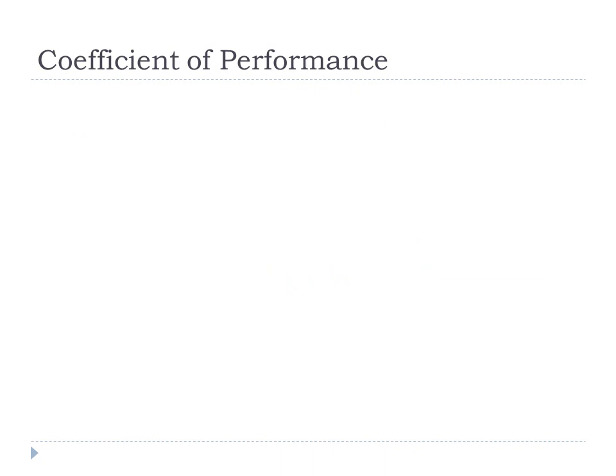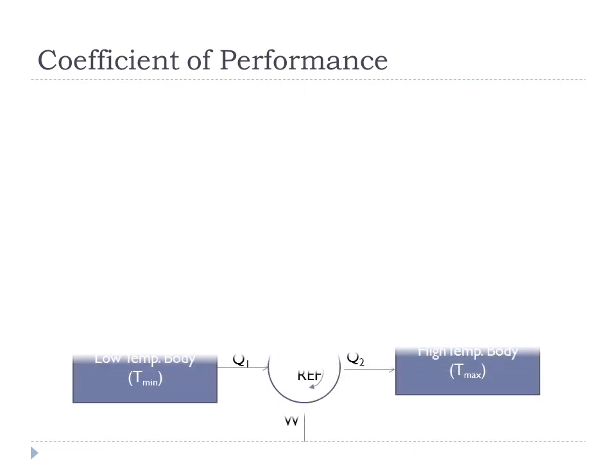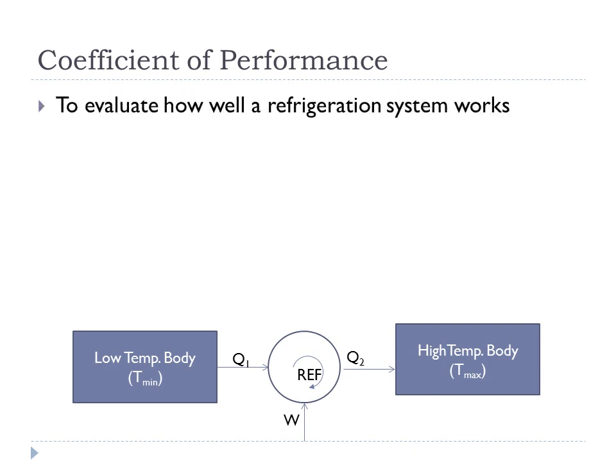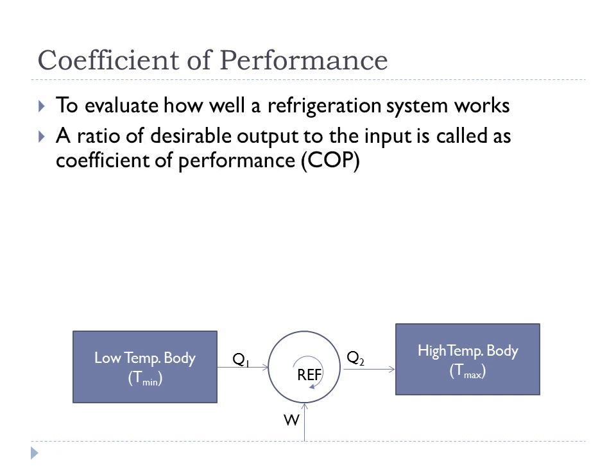Coefficient of performance. Since we have already seen that in a refrigeration system we need to give some input in order to get the refrigeration effect, here we need to know how well the refrigeration system is working. To evaluate how well a refrigeration system works, we use a performance index which is known as coefficient of performance.